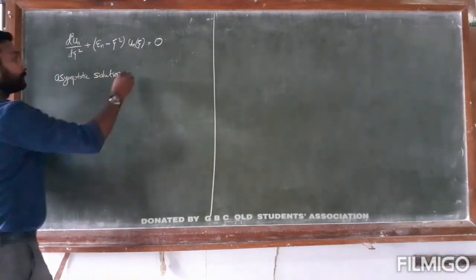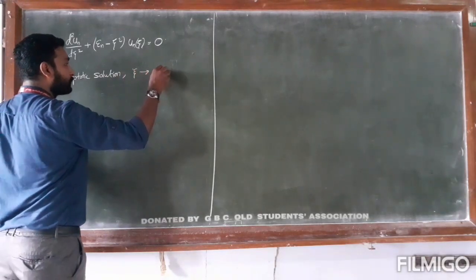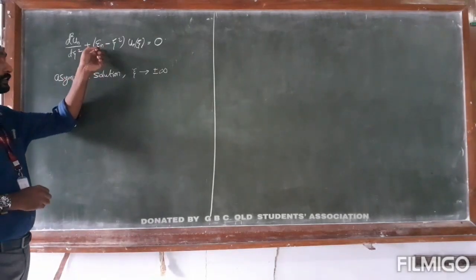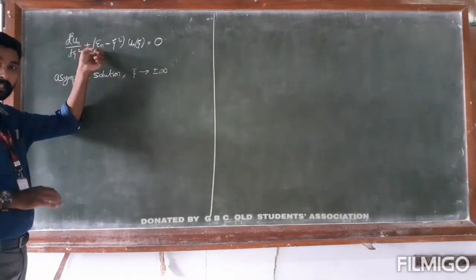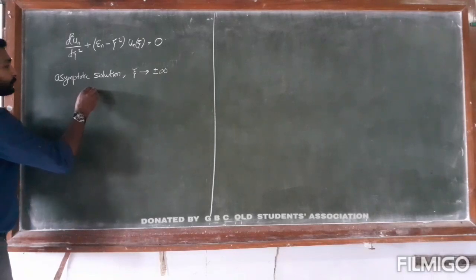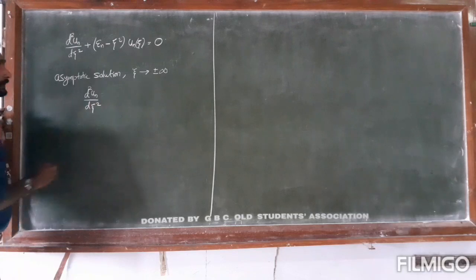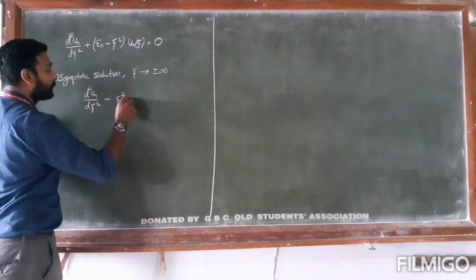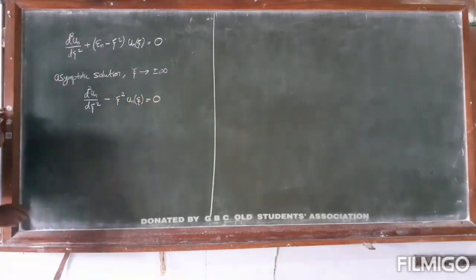So when theta is very large, it will be very large compared to epsilon n. Then the term epsilon n can be neglected, and I can rewrite my differential equation as d square un by d theta square minus theta square un of theta equals 0.